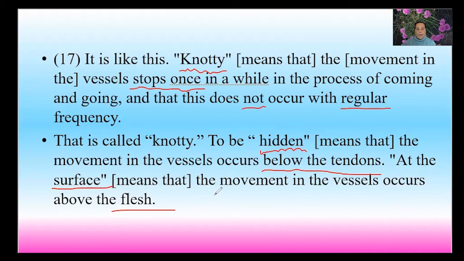So first, they didn't directly answer the questions here, but they talk about the different qualities of the pulse. Noted pulse is an irregular, stop-beat kind of pulse. Hiding pulse means a very deep pulse, moving below the tendon. And the superficial pulse moves above the muscle, in the blood vessel.